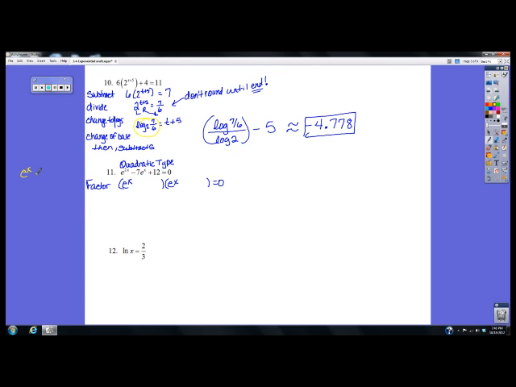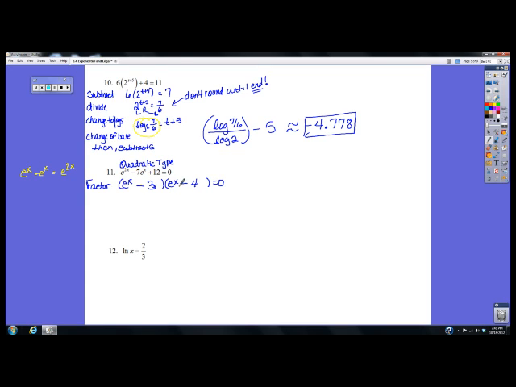E to the x times e to the x is going to be e to the, add your exponents, x plus x is 2x. So that's where that comes from. Positive or plus sign here, negative there means they're both negatives. And that would be 3 and 4 to multiply to get 12 and add to get 7.